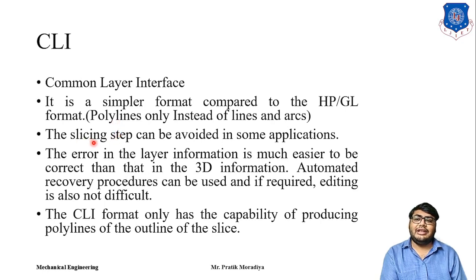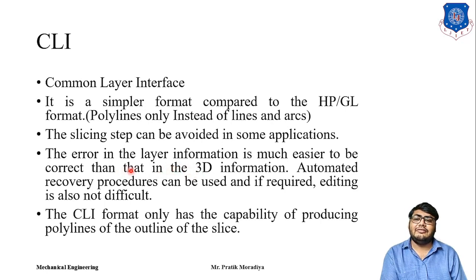And in CLI also, the slicing step can be avoided in some applications if your object is simple. If it is complex, then you need to do slicing. And the advantage is that an error in the layer information is much easier to correct than in the 3D information.